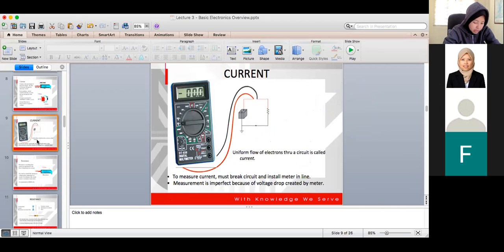Okay, kita kena ada circuit yang full circuit. So to measure current must break the circuit and install meter in line. Maksudnya meter ni kena ada secara selari di dalam circuit. Okay. Secara selari. Selari is series lah kan. Bersiri. Bersiri dengan circuit.